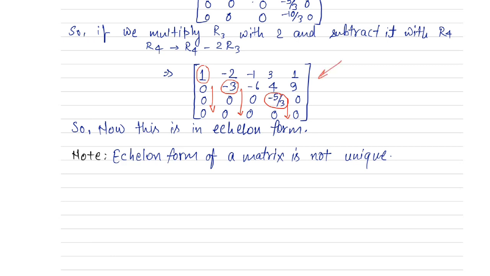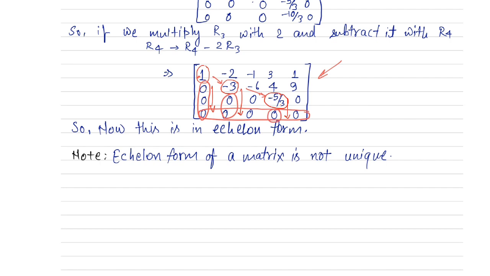In this matrix we'll check here, it is minus 1, and all the terms are below this minus 1, and the leading entry is minus 3, the leading entry is minus 5, every leading entry is to the right, and the 0 row is below all the non-zero rows, and for the leading entries all the terms below the leading entry are 0, we can see.